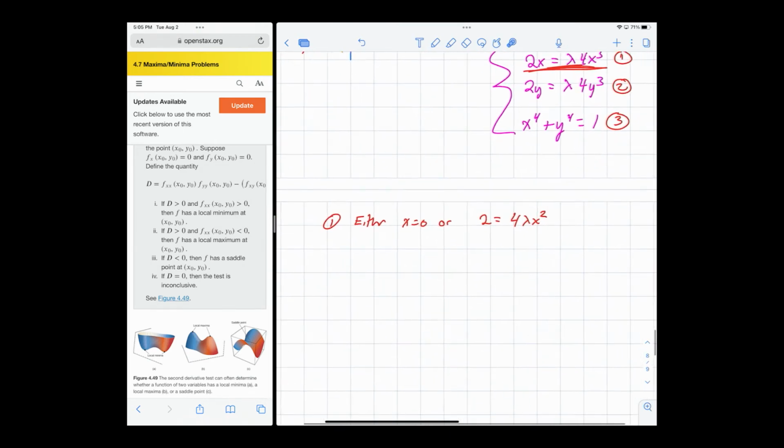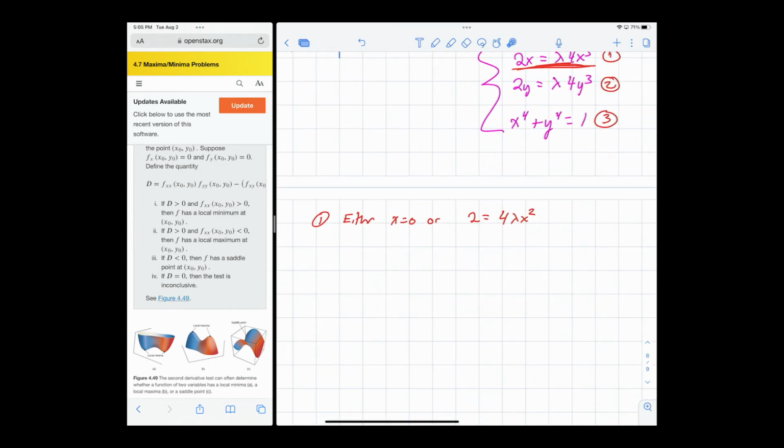So if x is 0, let's think about what that would imply. Then you could put that directly into equation 3, and you would get that 0 to the 4th plus y to the 4th equals 1.